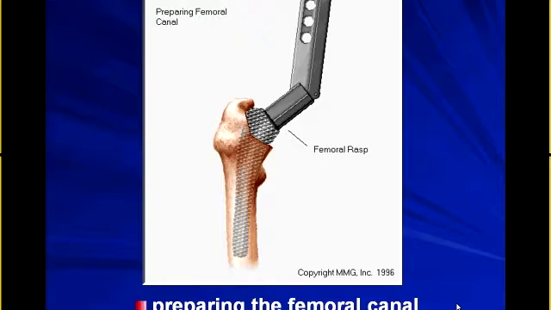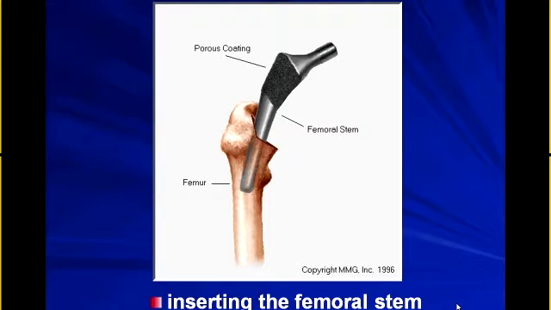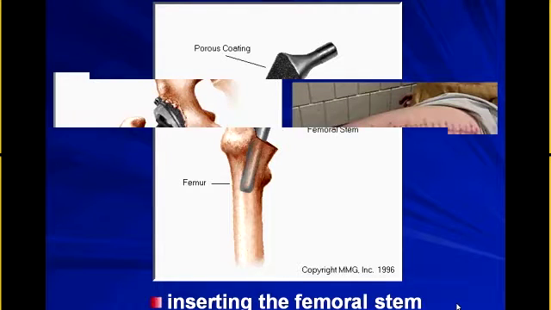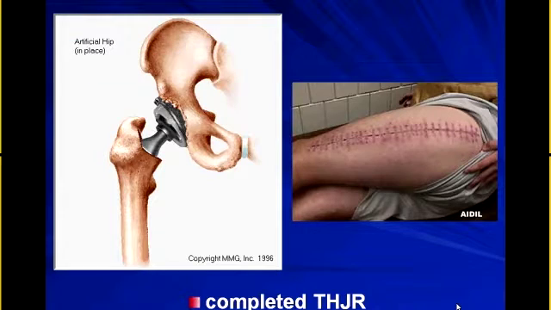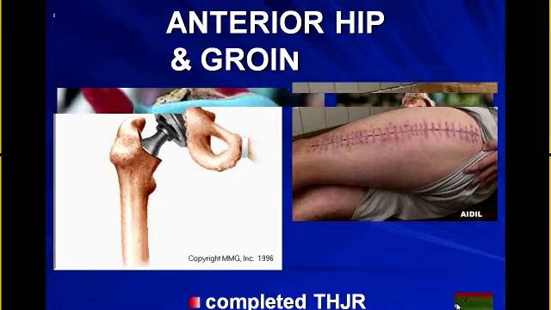The hardware is actually measured out long before the surgery for the patient. Then they literally drive the femoral stem in before they put on the hardware for the head. And then, again, they'll make sure that the hip moves well while the patient's still under anesthetic. They may use sutures, they may use staples to close. So that diagram on the right there shows you a fairly extensive incision site.